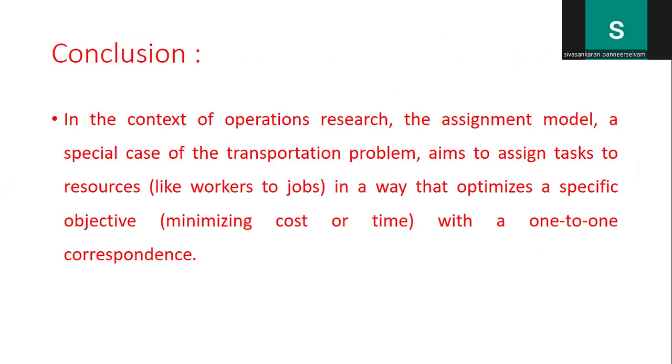Now, the conclusion of this concept: according to operations research, the assignment model primarily focuses on scheduling different varieties of tasks and the corresponding resources in order to complete the given work within the minimum span of time. This can otherwise be called a one-to-one correspondence problem.